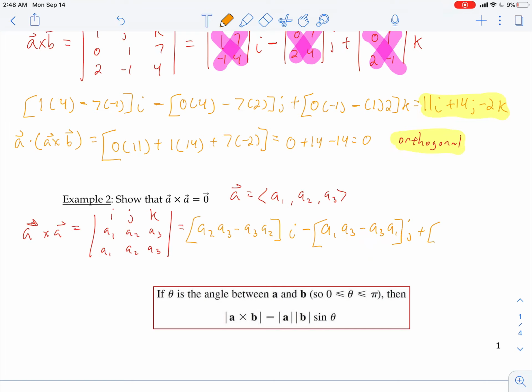Plus, and then A sub 1 times A sub 2 minus A sub 2 times A sub 1, k. And here you see I get 0i plus 0j plus 0k. So therefore, yes, I do get the 0 vector. 0, 0, 0.